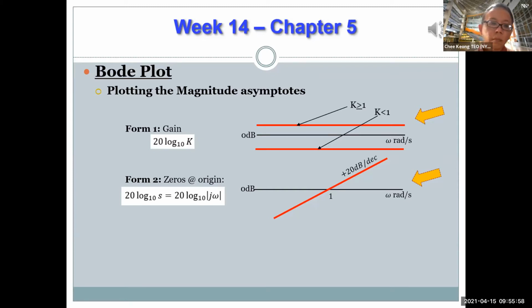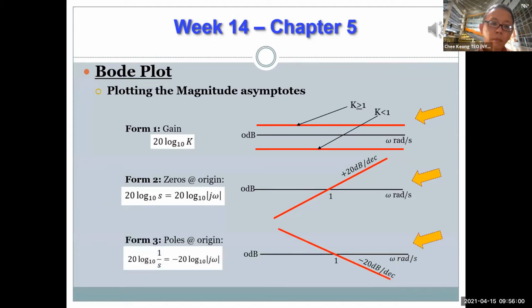Form 3 is for poles at origin. The only thing that changes compared to zero at origin is the slope changes from positive 20 decibels per decade to negative 20 decibels per decade. Now, let me finish all the forms for the magnitude before I explain what all these things mean.